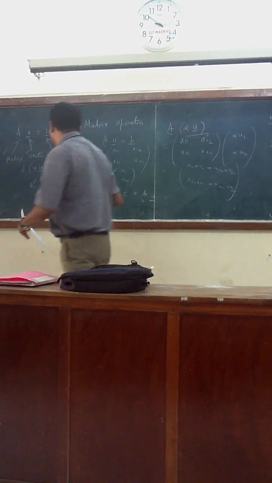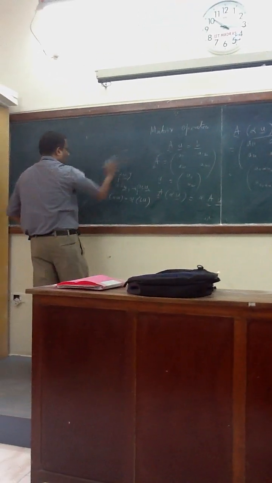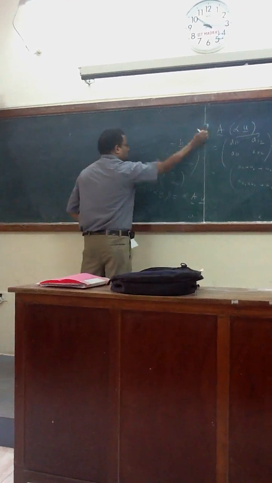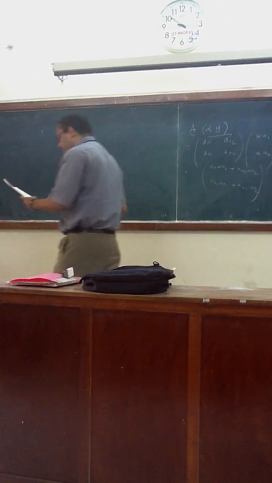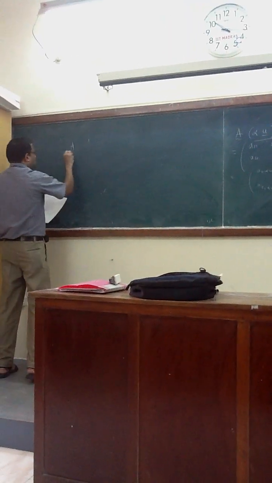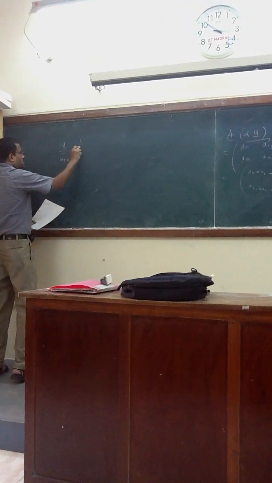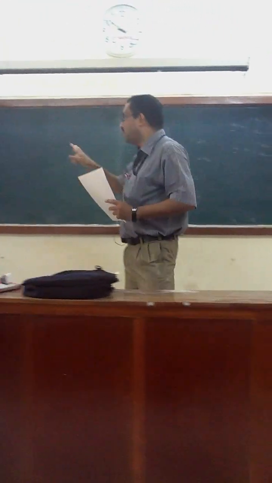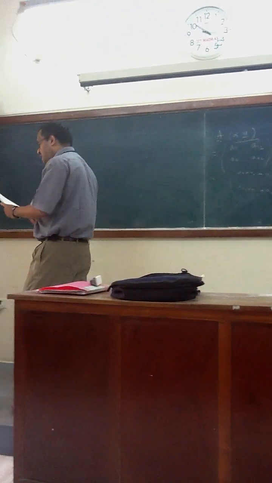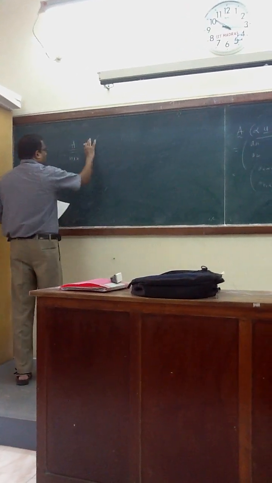Okay, let's see more on the matrices. How are the properties? Quite often a matrix is called an m by n matrix. That means m rows and n columns, right? It is not aiming at an n by n matrix. M by n matrix: m rows, n columns.